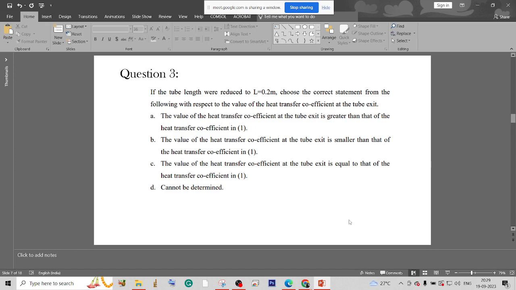The Reynolds number is 4 times m dot, 135 times 10 to the power minus 6, upon pi D mu. The Reynolds number will be the same, because the length is varying but the diameter is not. So this will be what it was earlier.